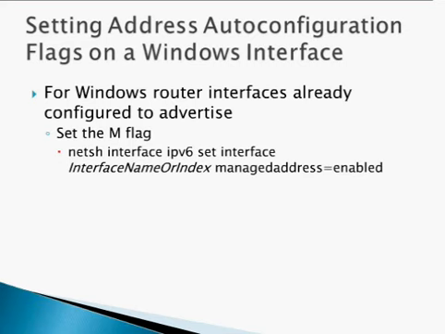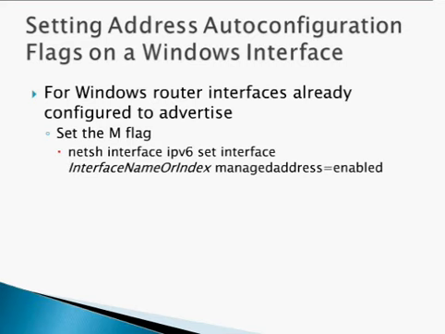But beyond that, to enable DHCPv6 functionality, whether that's DHCPv6 stateful or stateless, using a Windows router, to set the M flag in the outgoing RAs, you use the following command: netsh interface ipv6 set interface, identify the interface by its name or its interface index, and you set the managedaddress parameter to enabled.